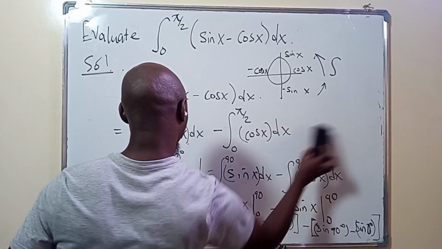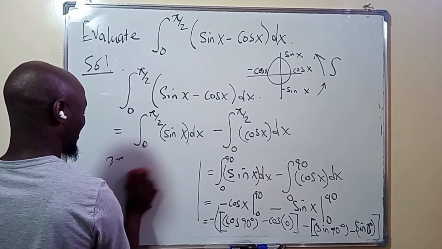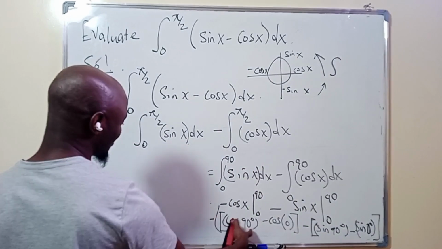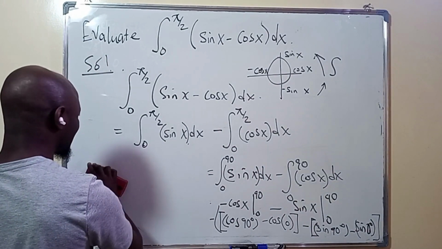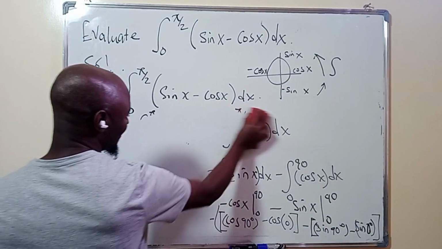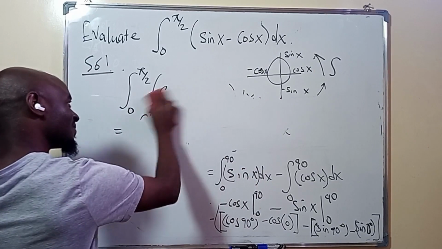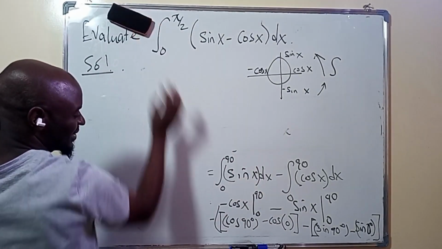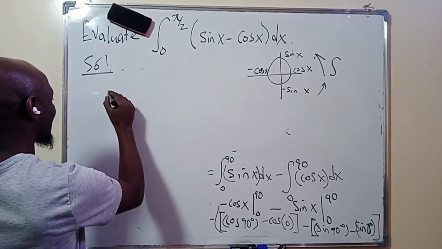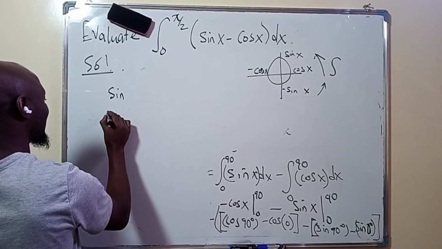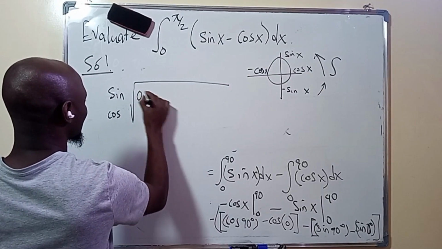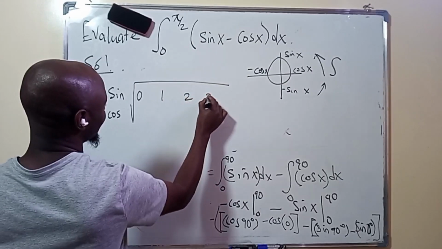When we perform that, sometimes people fail to remember cos 90, these are standard angles. Normally you'll be given a standard angle, so you need to know how to evaluate that one. If we have sine here and cos here, we can say square root. You put 0, 1, 2, 3, 4.